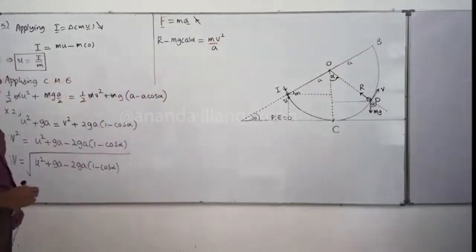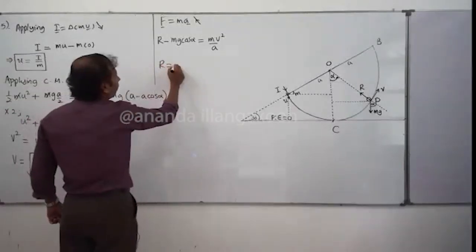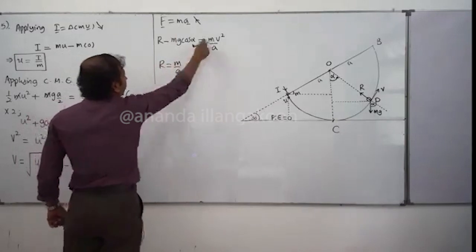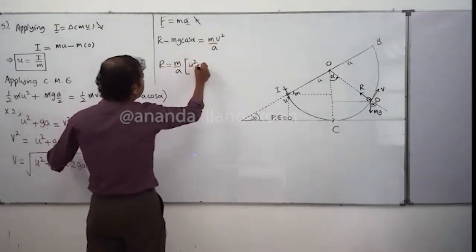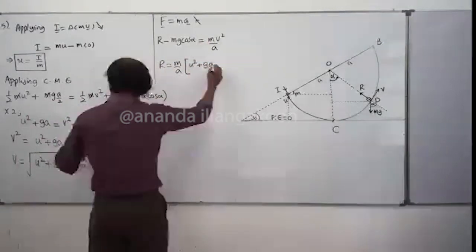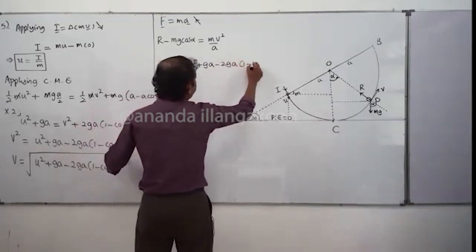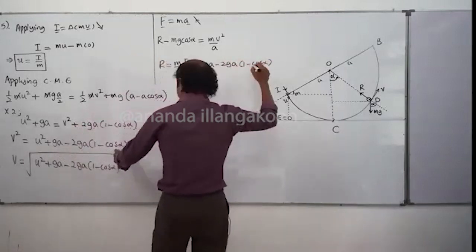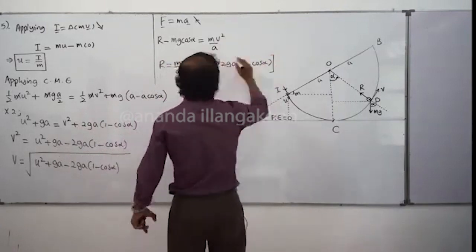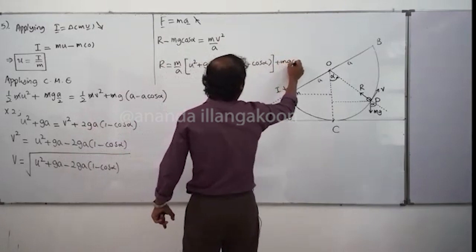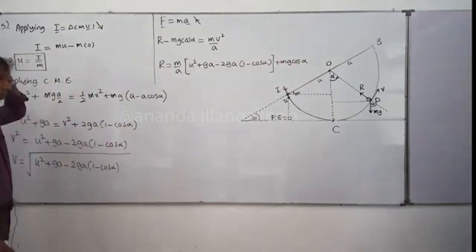Okay, this is a. R can be made the subject: m upon a times this v squared. Put v squared down here: u squared plus ga minus 2ga(1 minus cos alpha) is the v squared part, plus mg cos alpha.